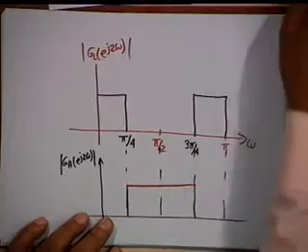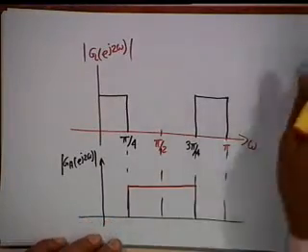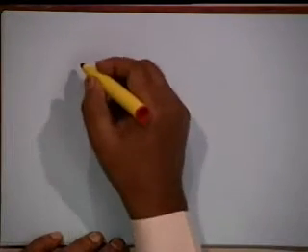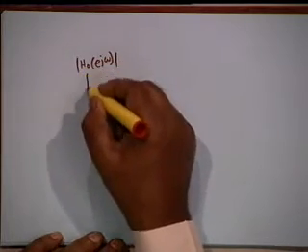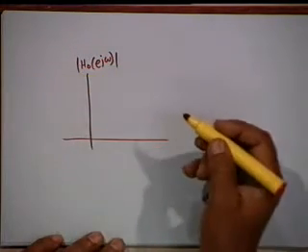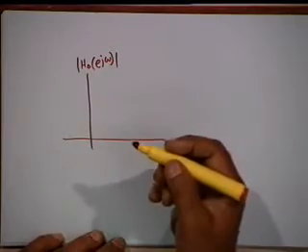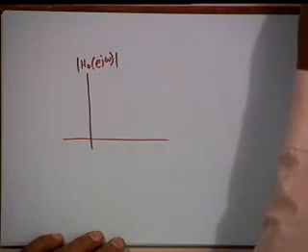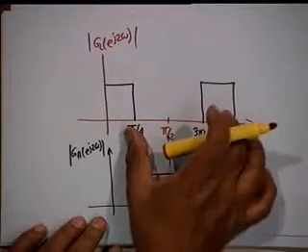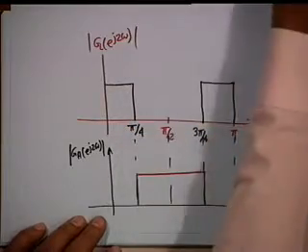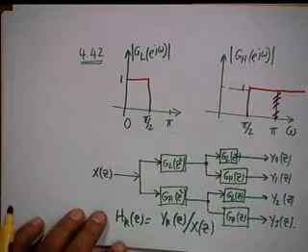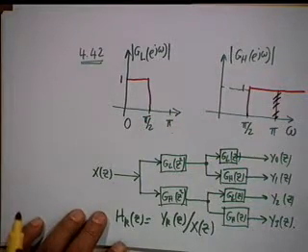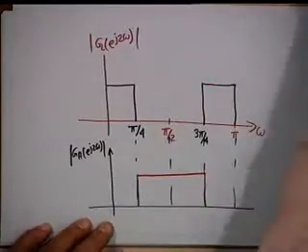Okay. So it's a multiplication now of the corresponding responses. For example, I'll simply draw without explanation. It's obvious what it should be. H0, for example, shall be the multiplication of this response by this response. So we shall have only one between 0 and pi by 4. The rest shall be 0.